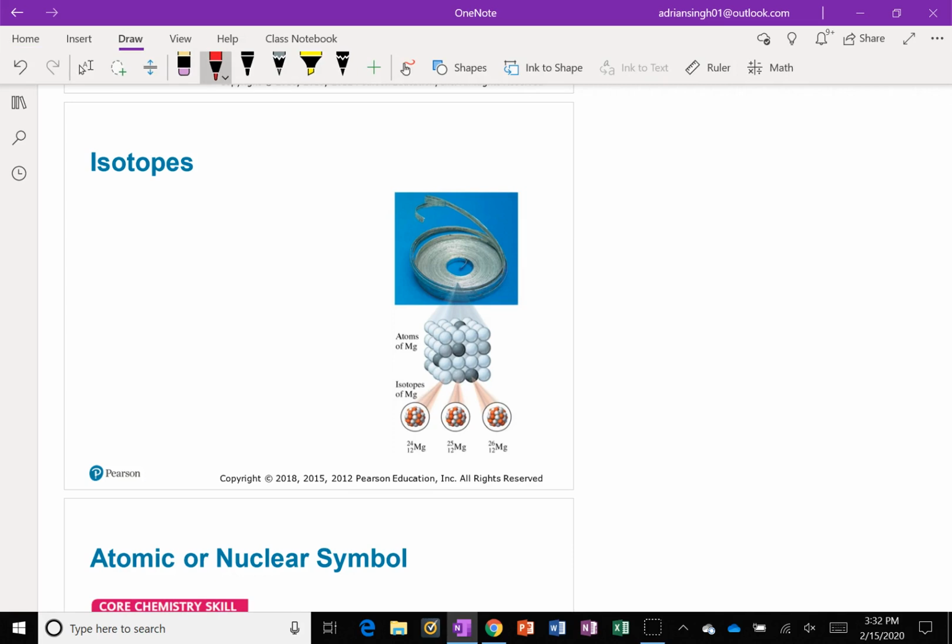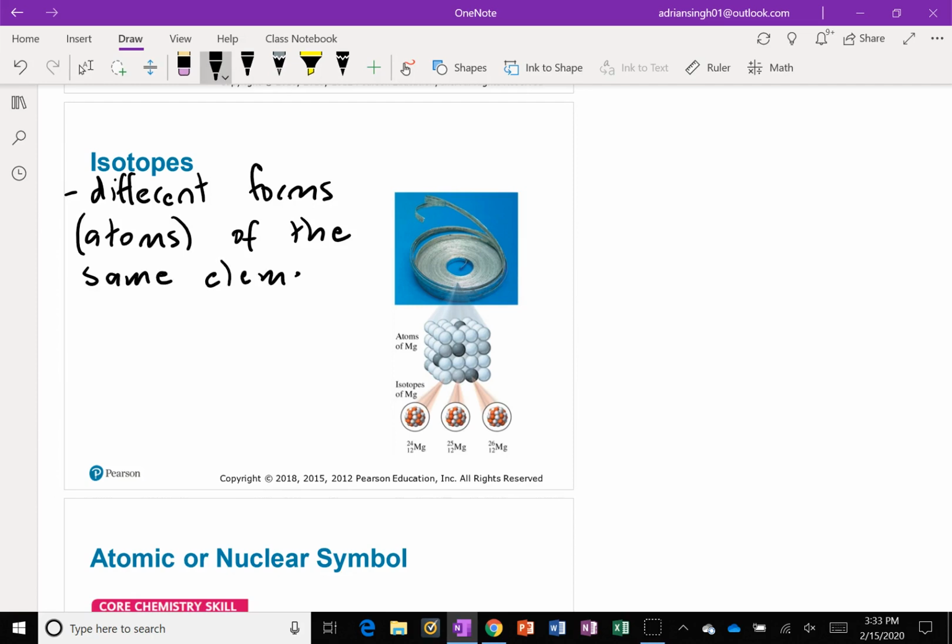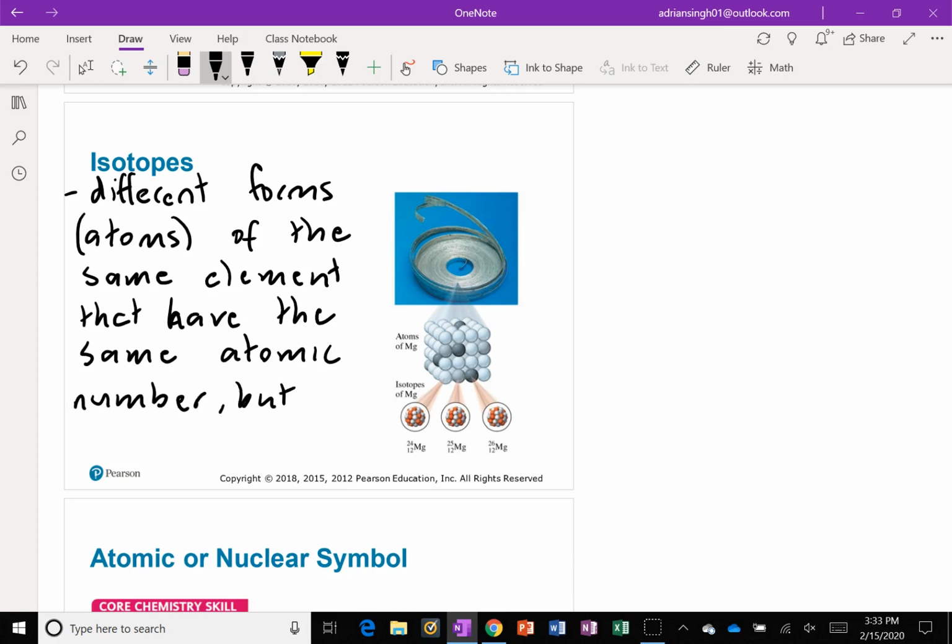And we can define an isotope as different forms of the same element, or we can say atoms of the same element that have the same atomic number but different number of neutrons.